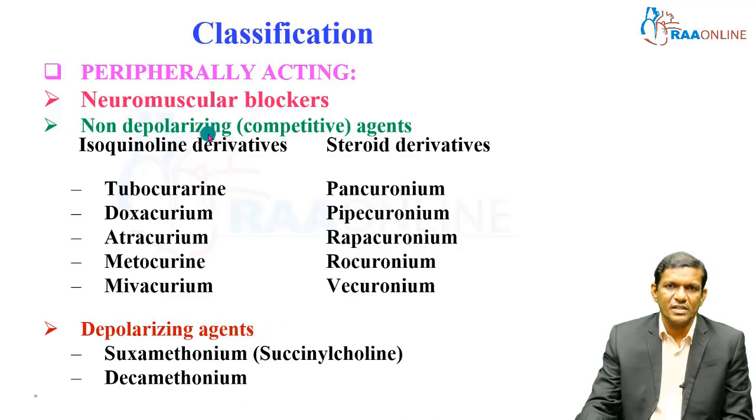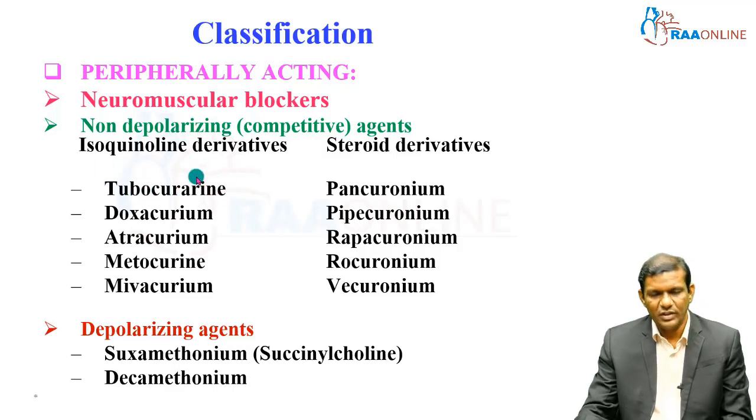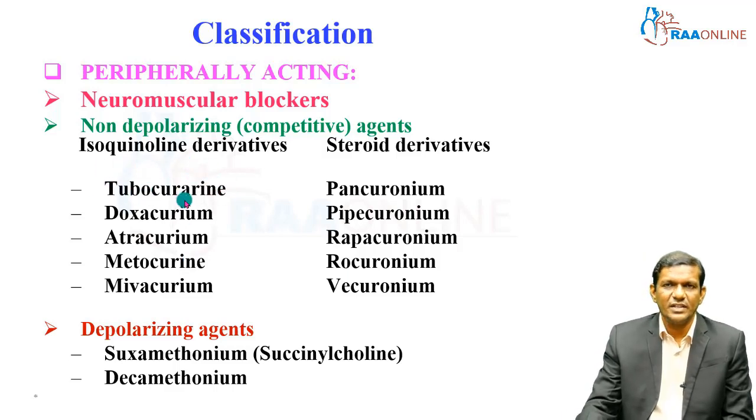Whereas the non-depolarizing agents can be further subdivided into isoquinoline derivatives and steroid derivatives. For isoquinoline derivatives, I will show you the structure in the next slide. We have examples like D-tubocurarine, which is obtained from a plant, and others like atracurium and mivacurium, which are used now.